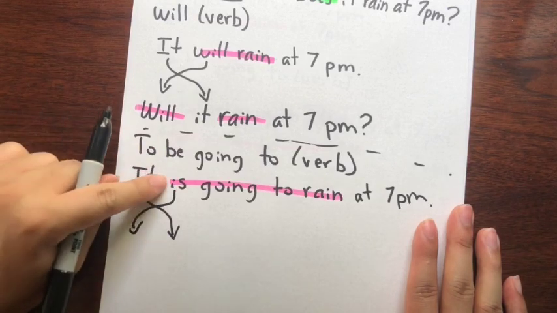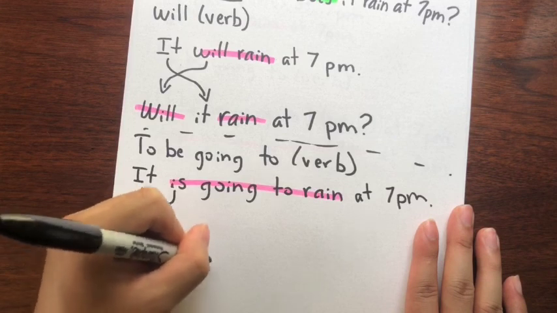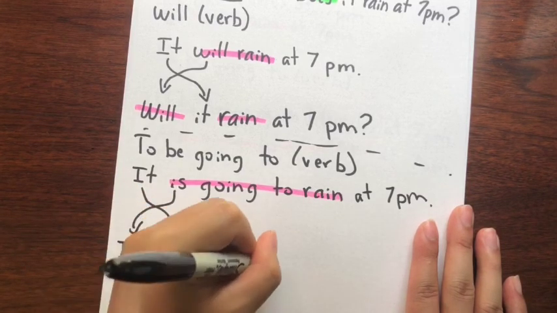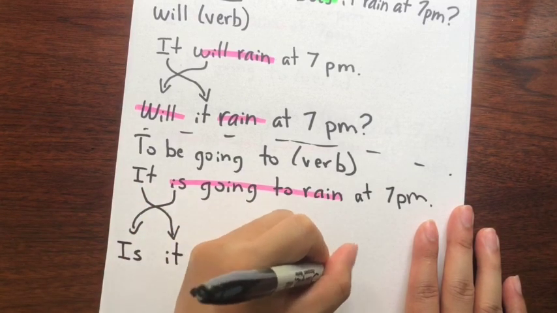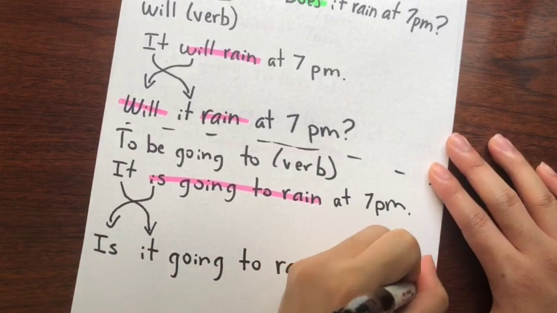The first verb is is. So we say, is it going to rain at 7 p.m.?